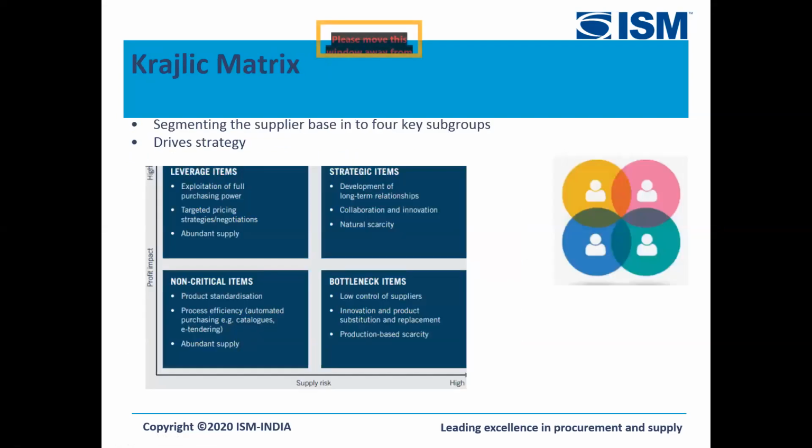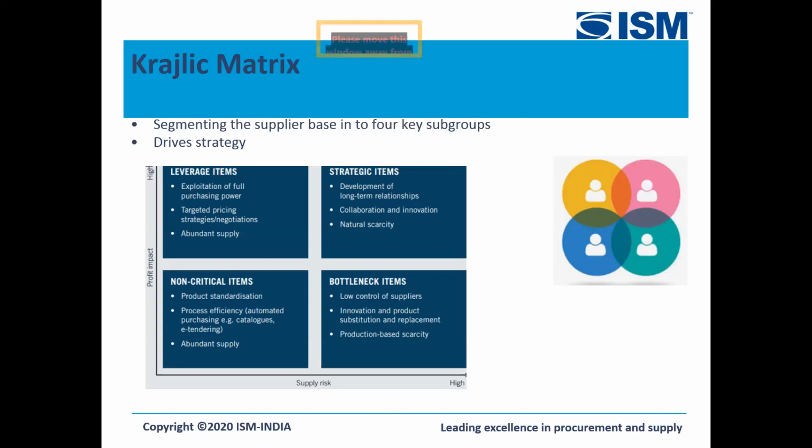Now, after understanding the need analysis part and the spend, and when we are able to derive spend analysis, we see that there would be few suppliers for specific categories, and very few suppliers for certain categories. Then we try to understand what our strategy of engagement would be with those suppliers.